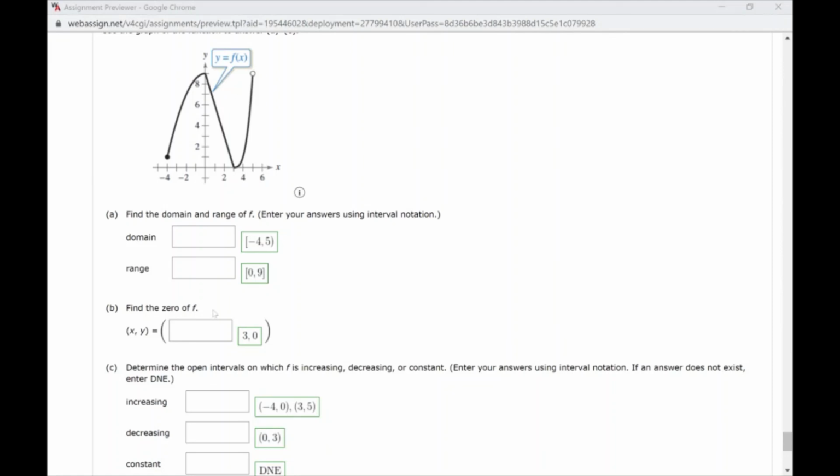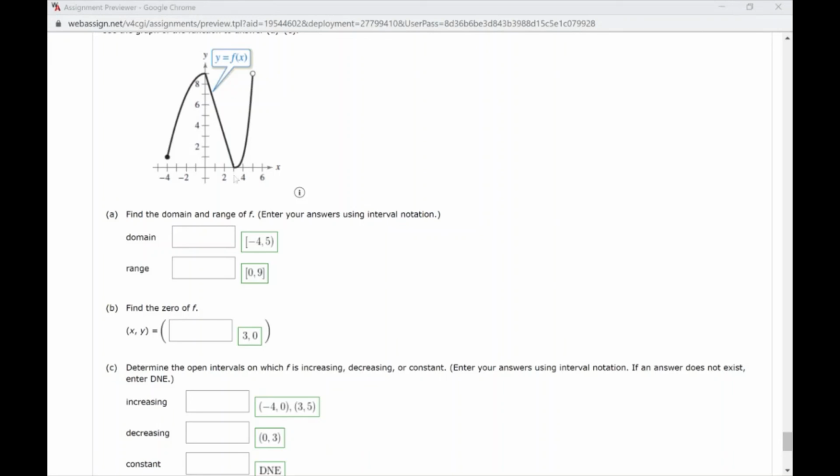So x-intercepts are the points that cross the x-axis. Which point is crossing the x-axis? What's the only point that's crossing, or touching, the x-axis? This one. That's the only point that's touching the x-axis. 3, 0. So your 0 is when your y is 0.